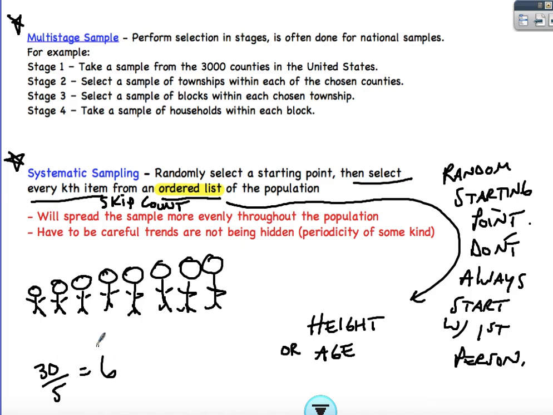Now, whatever this number is right here, this is what you're going to skip count by. And then you have to randomize the starting point. So you have to randomize 1 through 6 as your starting point.